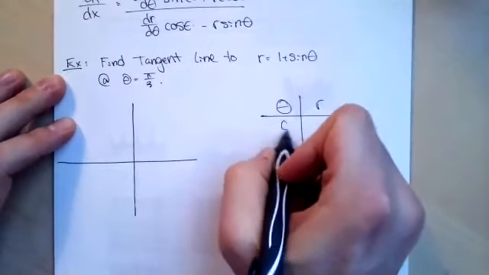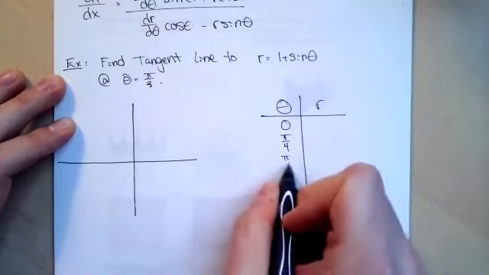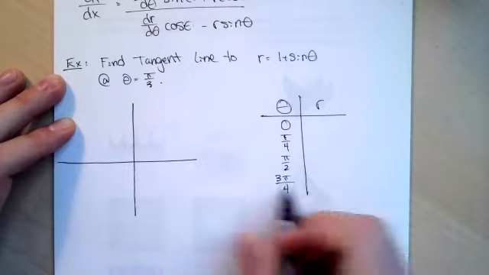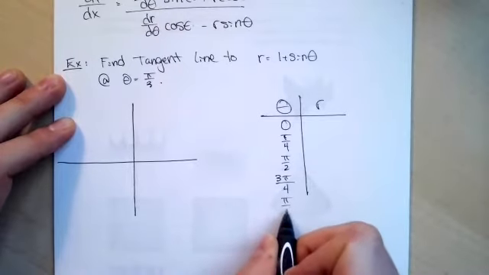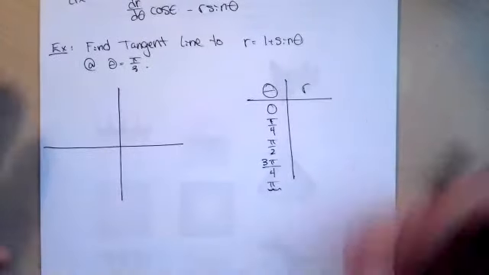For thetas, again, I like to just do pi over 4 multiples. It's usually a good enough increment for me to get a feel for what the shape of this thing is going to be. So just up to pi, and then we can keep going if we need to.